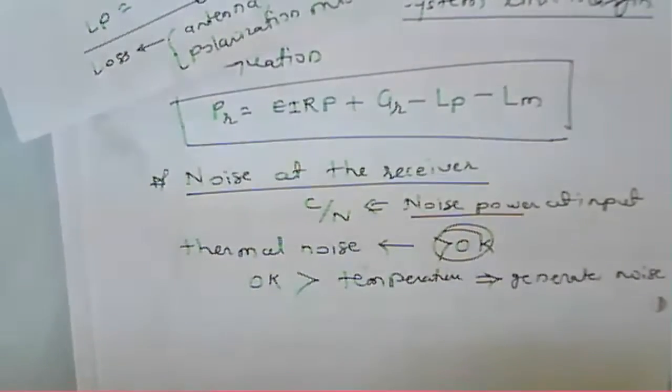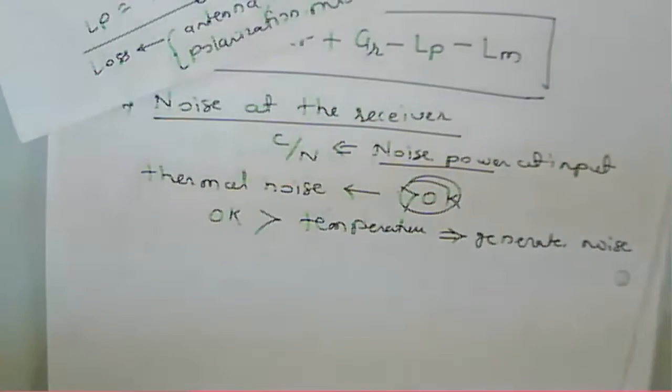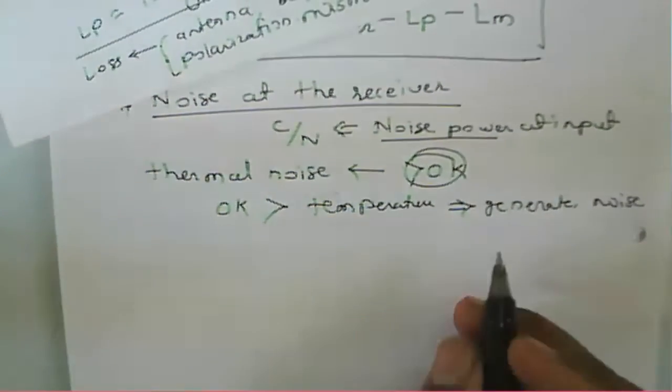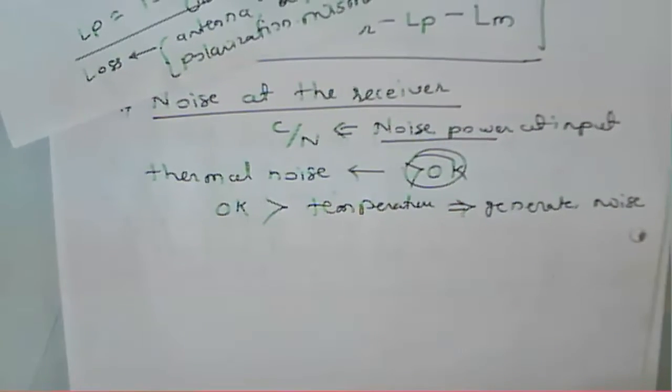That noise depends on the various components in the receiver system. In a receiver system there may be the receiver, the IF, and all the components, and each and every component has some particular noise.